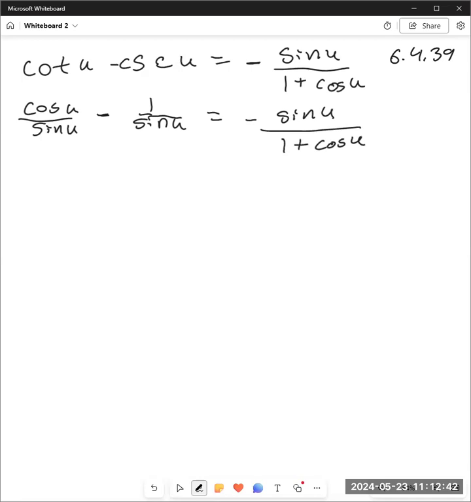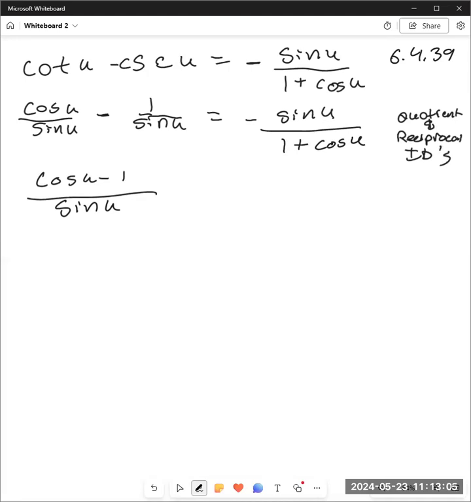Now we have a common denominator, so this is going to be cosine of u minus 1 over sine u. Let's see, these were quotient and reciprocal identities, but let me use that step.